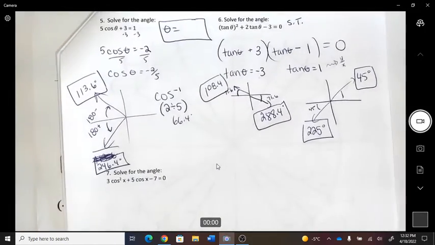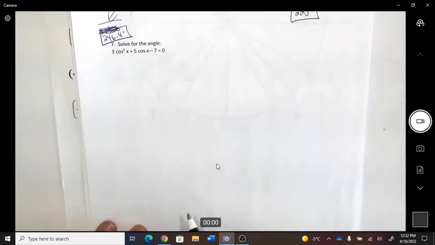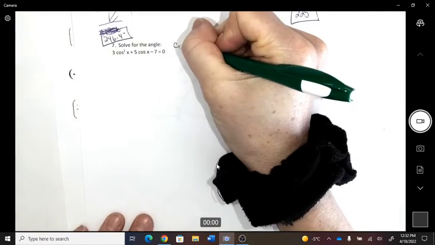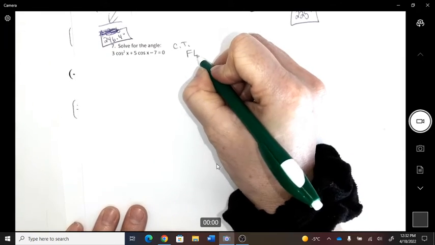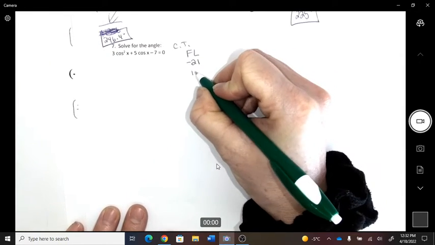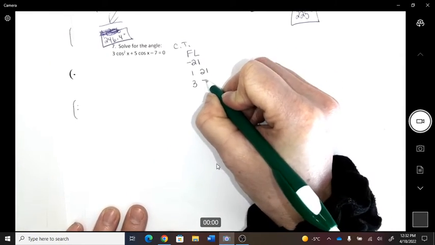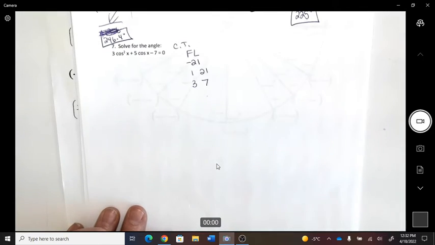Okay, 7. So I'm going to start complex trinomial strategy. So my FLA number is negative 21. So those are the multiples of 21. I don't think I'm missing any, do I? It's just 1 and 21, 3 and 7.